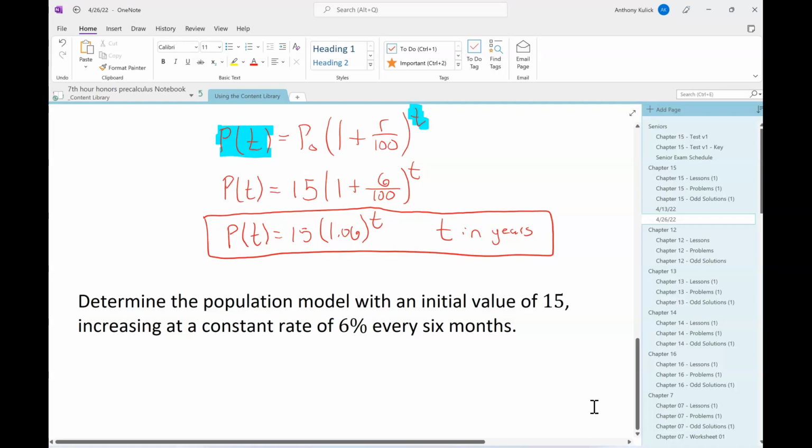So I read this: determine the population model with an initial value of 15, increasing at a constant rate of 6% every 6 months. The only thing that's different from this example to the previous one is instead of happening every year, it's happening every 6 months.